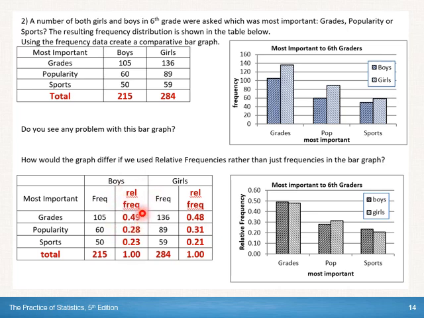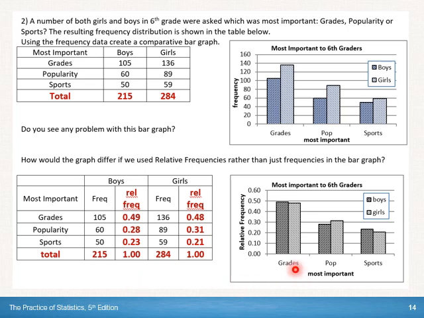Notice my percentages here are decimals. Your percentages or relative frequencies can be written as a decimal or a percent. It doesn't matter. 0.49, or I could put that as 49%. I just did them as decimals here.